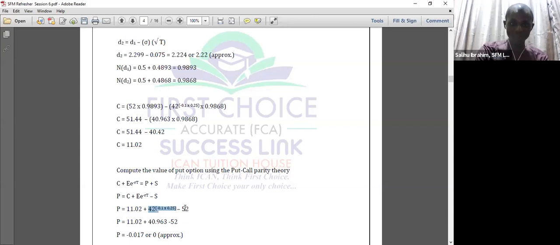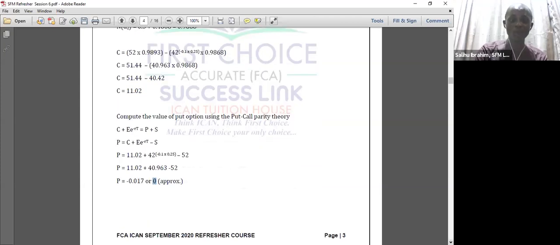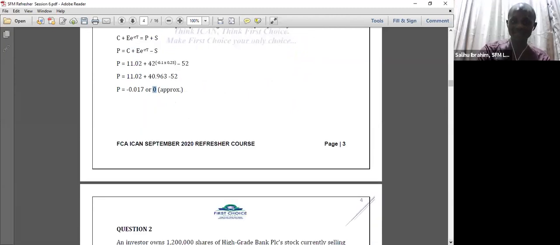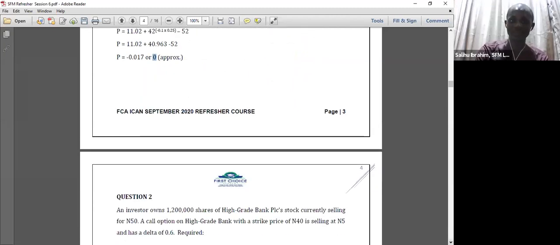Then minus 52. That is the price of the underlying asset. That gave me approximately 0. So it means the put option price will be worthless. The put option will be worthless. So that is what the question wants you to do.